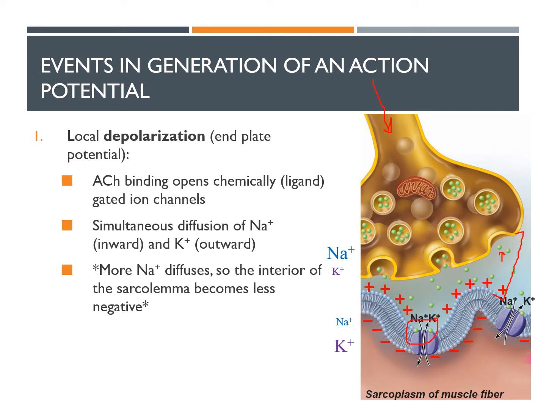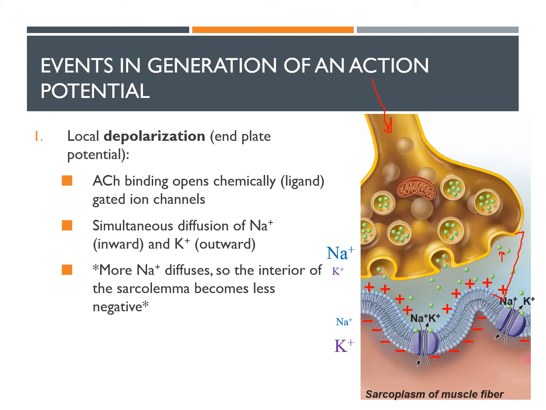So this protein is called the acetylcholine receptor, and it's really a ligand-gated channel. Remember, ligand-gated channels are channels in which a molecule binds them and causes them to open up or to close. So in this case, the channel opens up. This allows sodium to flow down its concentration gradient and potassium to also flow down its concentration gradient.